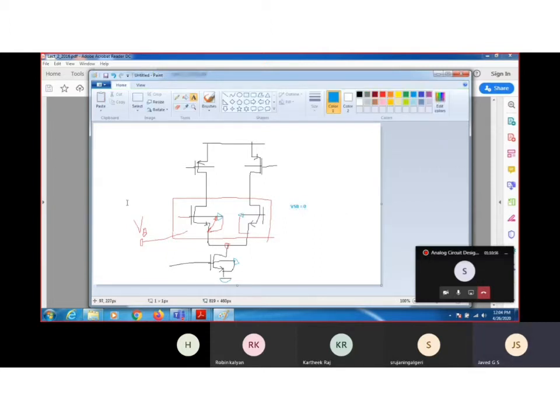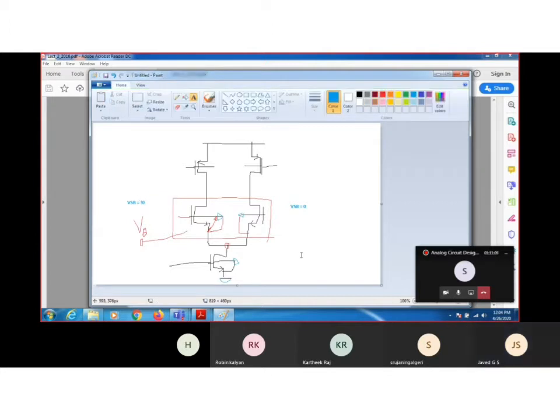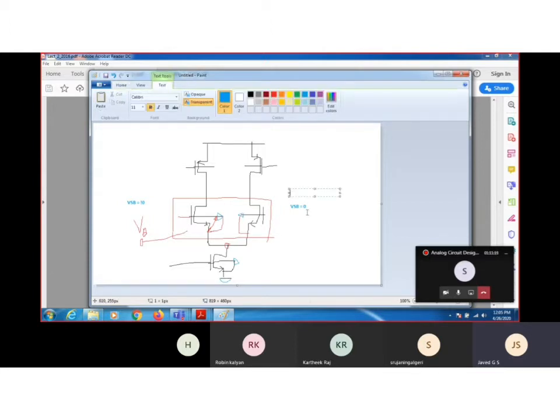In this particular case, your VSB is not 0. There will be a finite value in both cases. Now, how do you utilize the body effect in these two conditions is what we are going to check. So this would be, I would say, case 1.